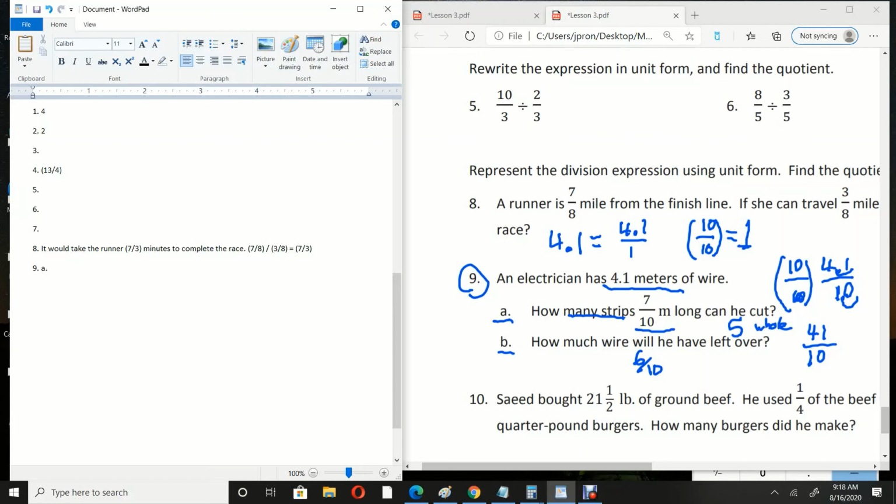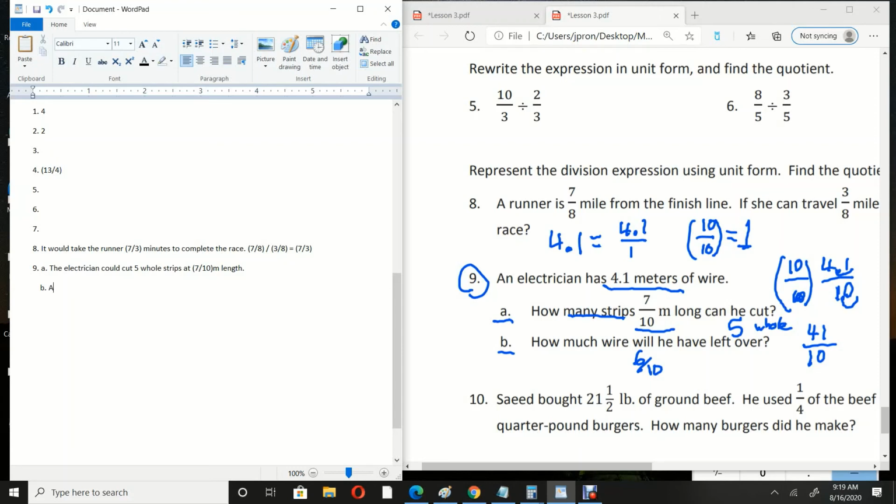Then I'd put the A first, and I'd write the electrician could cut 5 whole strips at 7/10 centimeter length, five whole strips at 1/7 meter strips, and then write B, and I could probably write this as one whole sentence, but I would prefer to see it chunked like this.